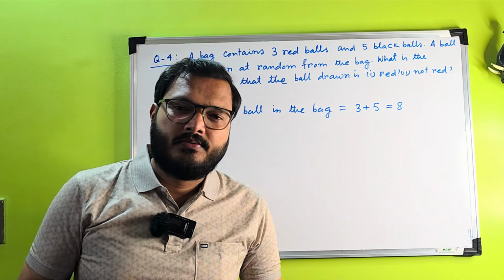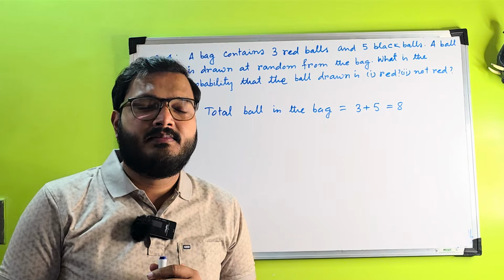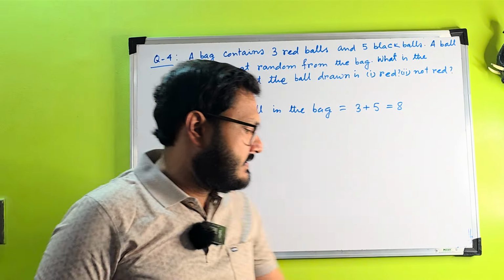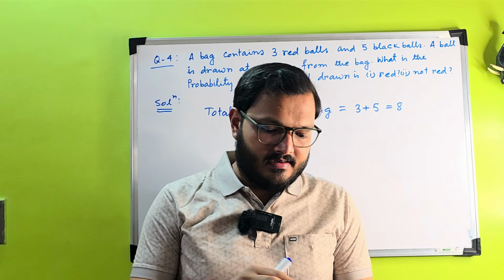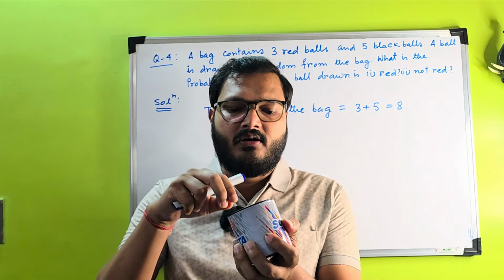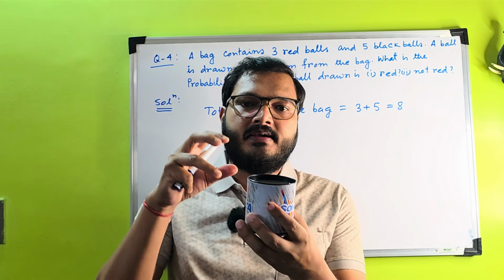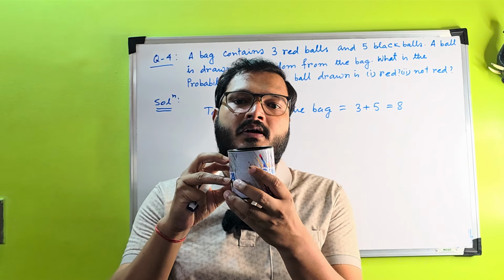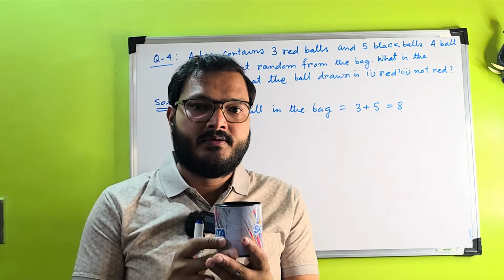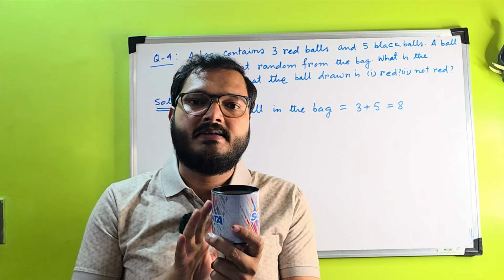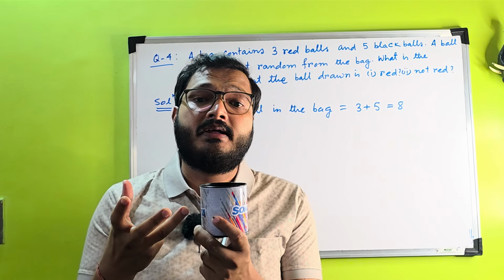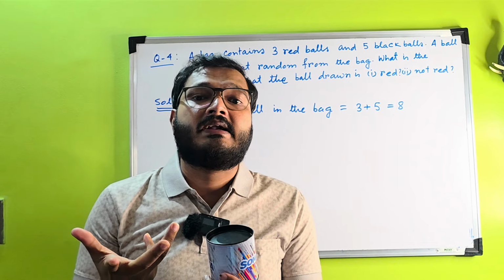We know how to think about probability problems. Consider this a bag, or a container. Here 3 red balls and 5 black balls are there. Now I tie your eyes and tell you to draw one ball. What is the probability that the ball will be a red ball?